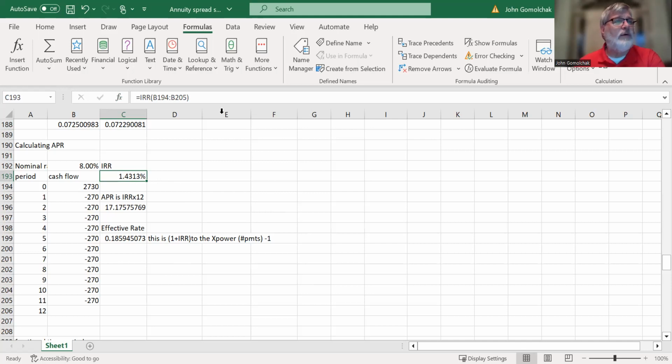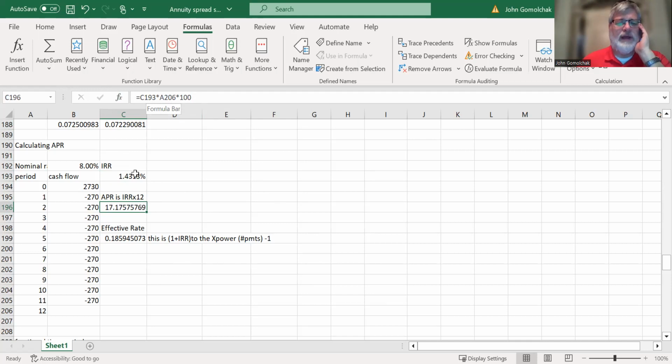Okay. Now, in order to come up with our APR, we just multiply that times 12. Okay, so this number here is times 12, and I know why, because it's sitting up there as a percentage and it says percent, so it's using it.